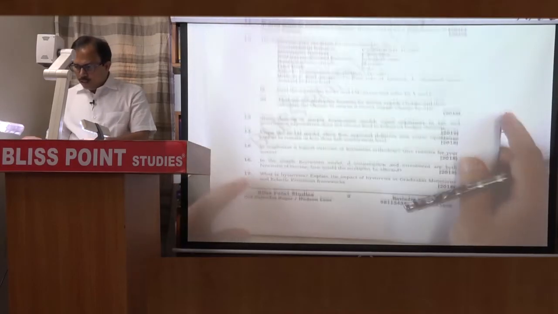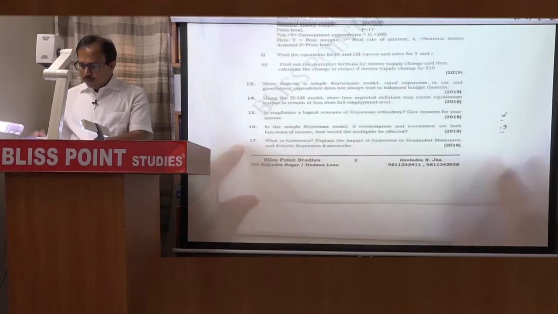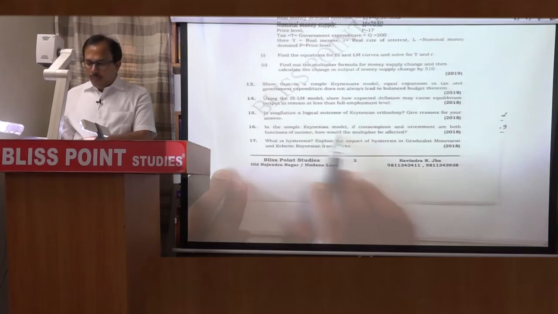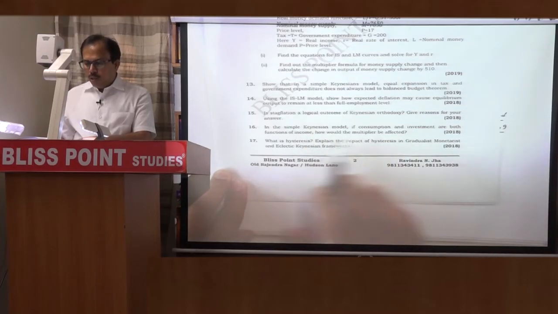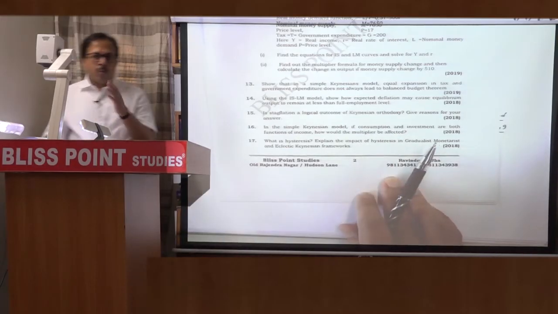I think this was the 2018 question number 16: in the simple Keynesian model, if consumption and investment both are functions of income, how would the multiplier be affected? Obviously there will be two parts to the answer.